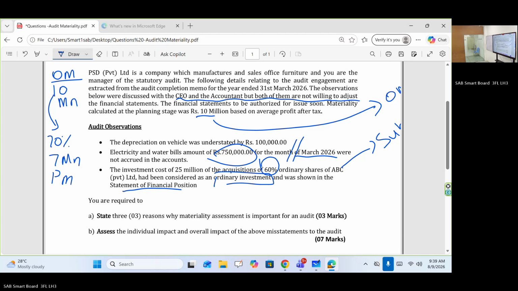If the first issue and the second issue are added together, even then they are not material transactions.